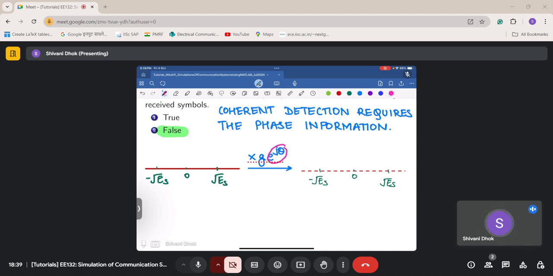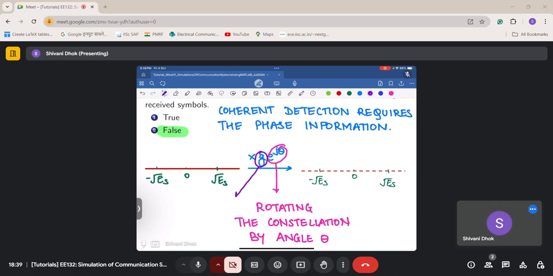So this factor here is simply rotating the constellation by angle theta, and this factor g is scaling the constellation.